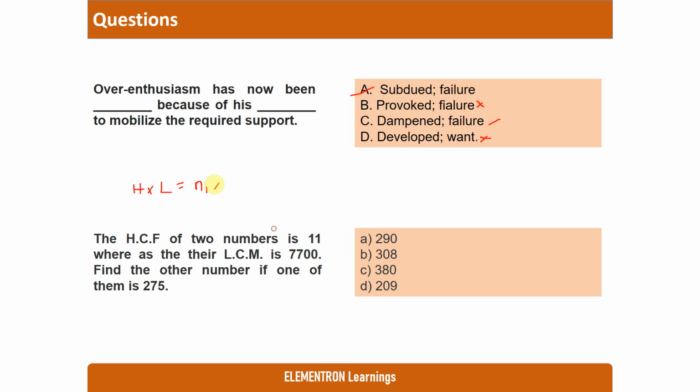If we substitute the given values, it will be 11 into 7700 equal to 275 and the number which we have to find. To find the missing number, you just have to multiply this and divide by 275. The answer which we will get is 308.